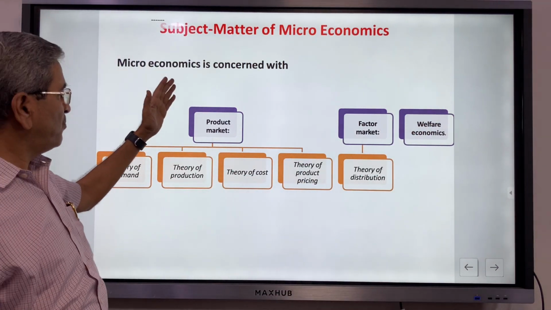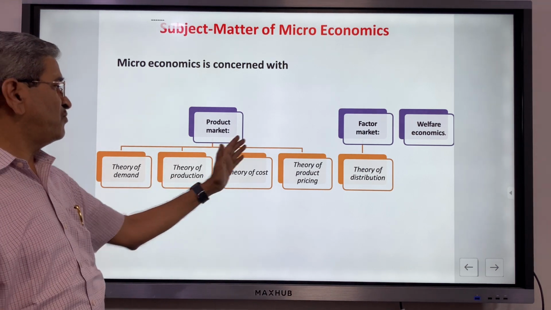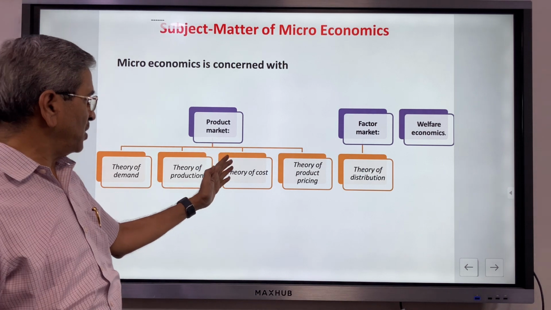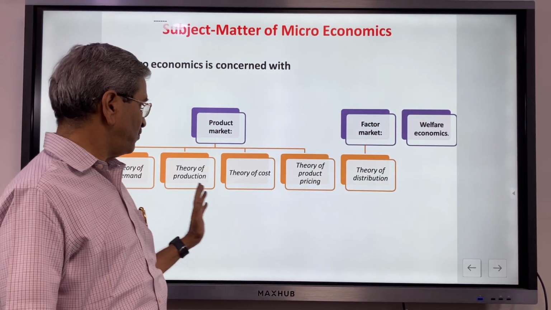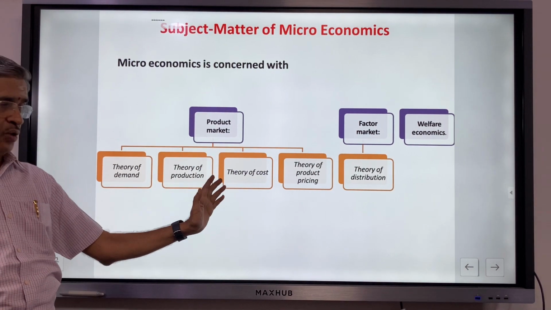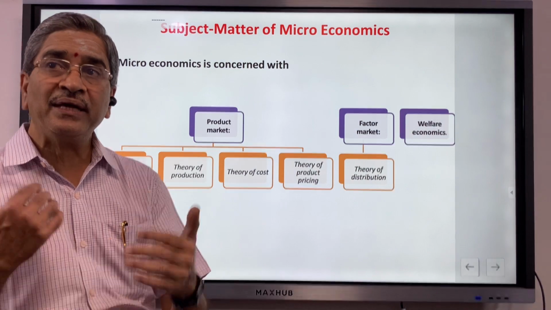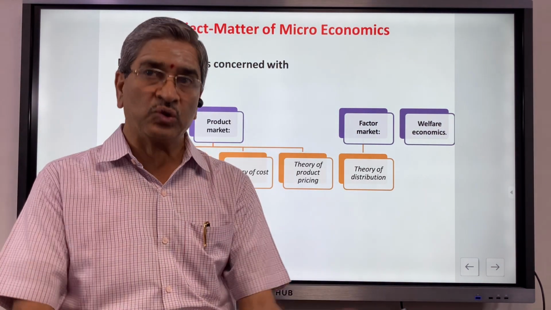So when we talk about the product market, you have four parts: theory of demand, theory of production, theory of cost, and theory of product pricing. What do you mean by these four? Demand means the estimation of your demand so that your products can be sold.